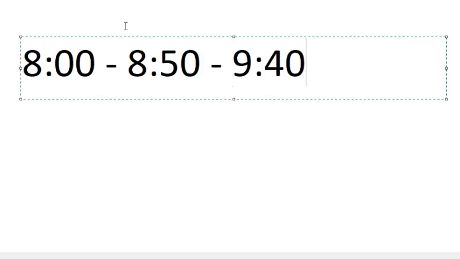Then after 8, the first trip is gonna be 8:50. Then the second trip will be 9 with 40 minutes. If you add 50 minutes, that will give you 9 with 40 minutes. And then you have 9:55. Okay, so let's see what's going on in here.